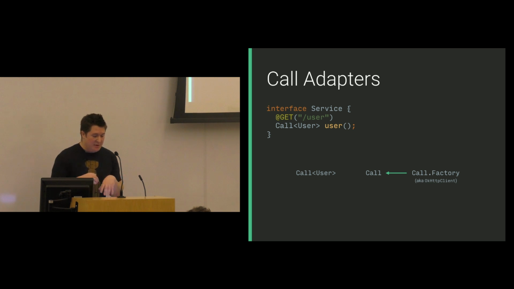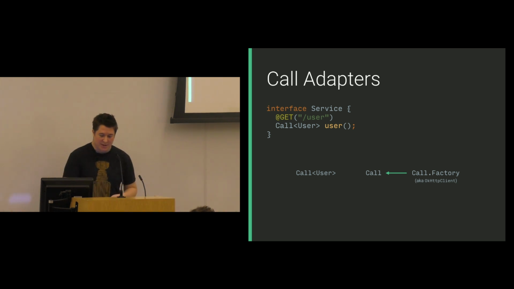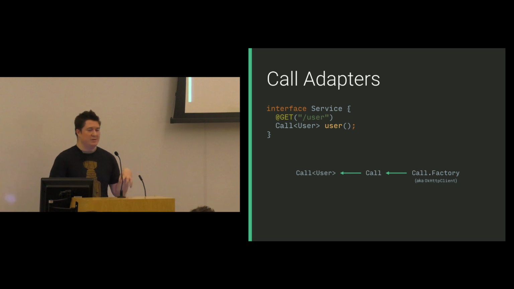So you ask OkHttp to make a request. It gives you a call, and you can either execute that synchronously or asynchronously. Except what you get back at this level is bytes. You're dealing with request objects, and you're dealing with response bodies, which are bytes. And then the Call of User is the Retrofit level, which knows how to do things like talk to the converters and turn those bytes into the types that you really want to be interacting with.